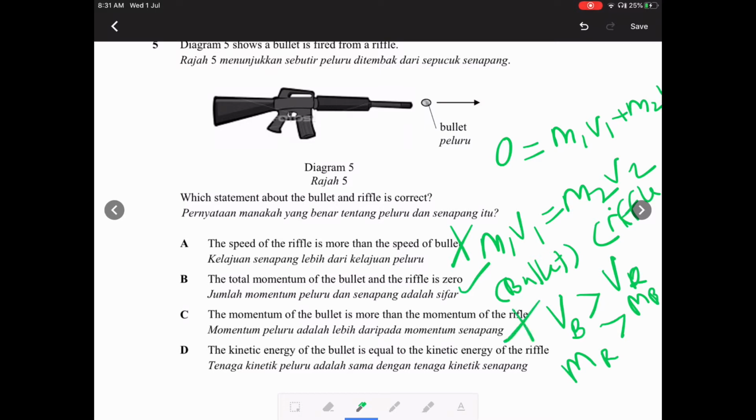Salah. Conservation of momentum menyatakan bahawa jumlah momentum sebelum dan selepas letupan adalah sama. D, kinetic energy of the bullet is equal to the kinetic energy of the rifle. Okay, so kinetic energy berbeza sebab bullet velocity dia lebih tinggi berbanding dengan velocity of the rifle. Jadi jawapan betul ialah B. Okay, faham?